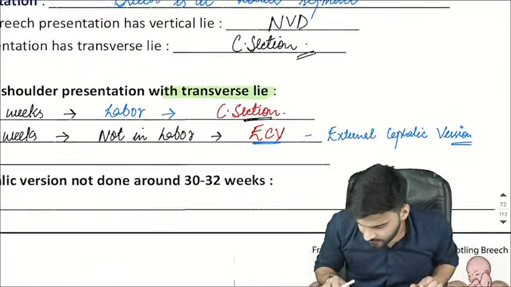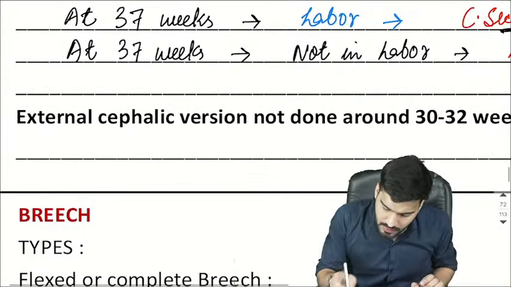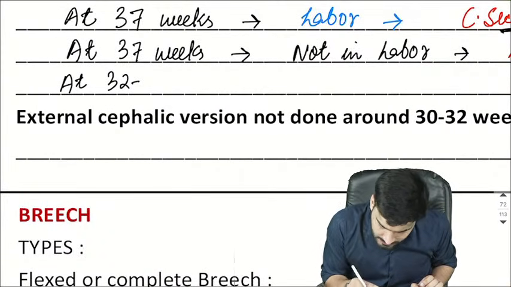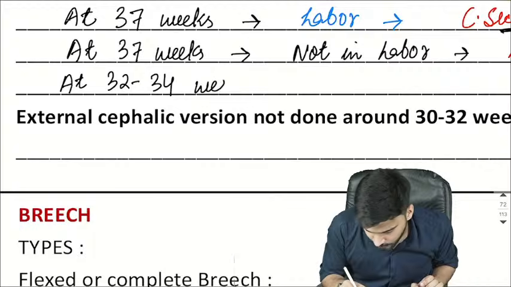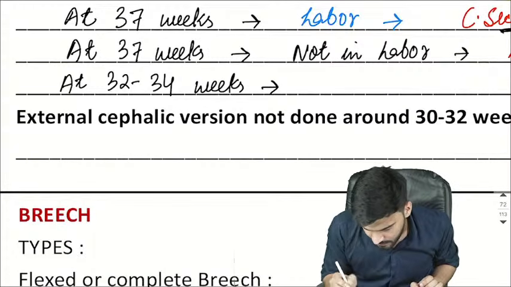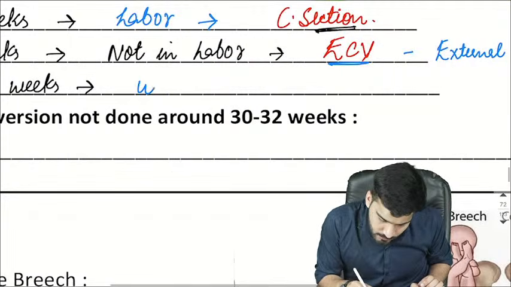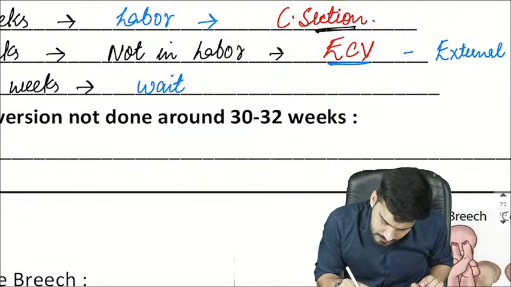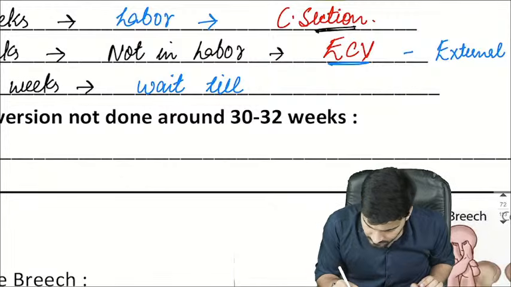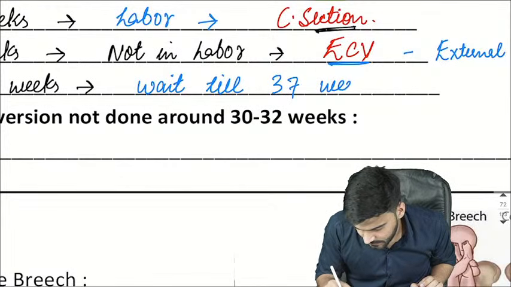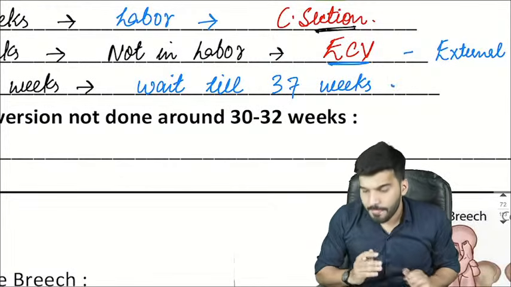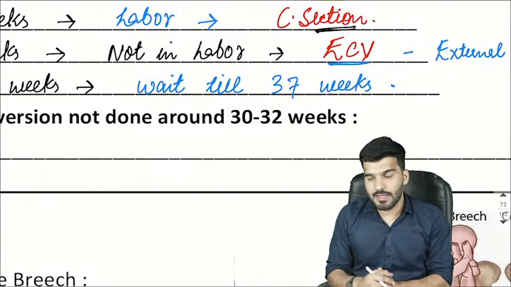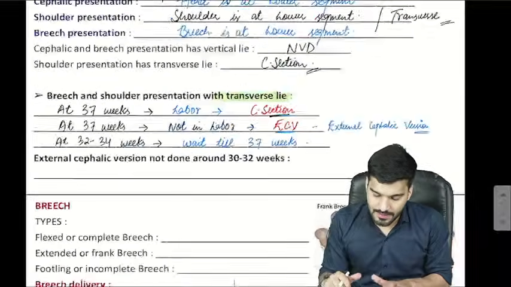External cephalic version. And if she comes around 32 to 34 weeks, what will you write? Wait and watch. Wait till 37 weeks. At 37 weeks the levels have decreased, so you can go for external cephalic version.